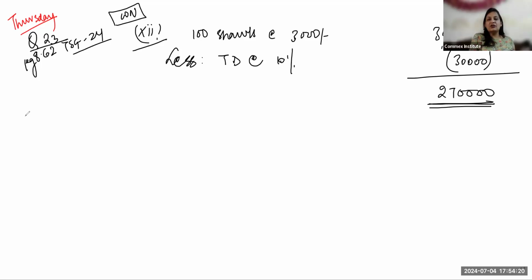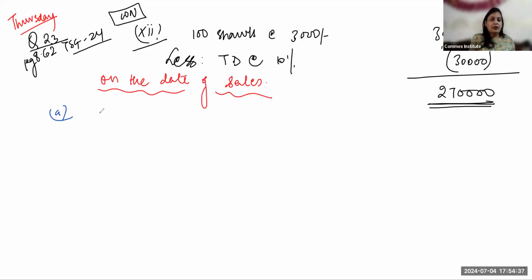So this is on the date of sale. This entry we are going to put on the date of sale; the date has not been given to us. On that date, we are going to put the entry as A: Mittal Brothers Account debit to Sales.